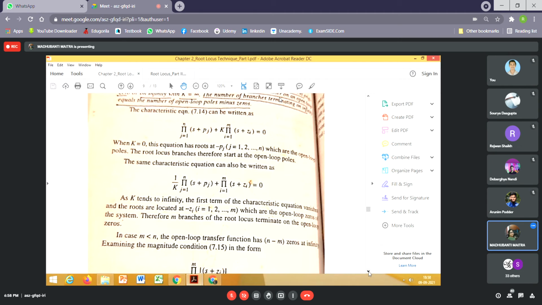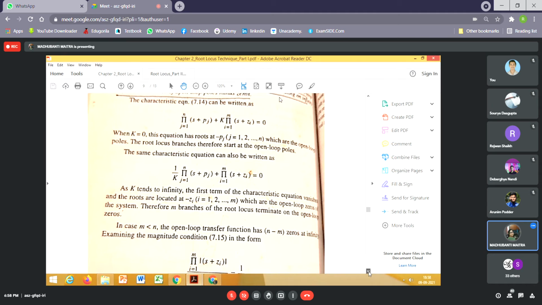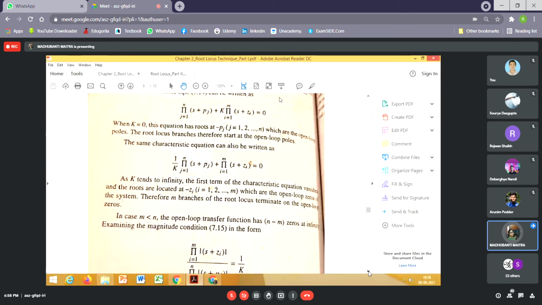Okay. Now the third part: in commonly occurring cases, we find that the number of zeros is much less than the number of poles, or we can say that the number of zeros is generally less than or at best equal to the number of poles.